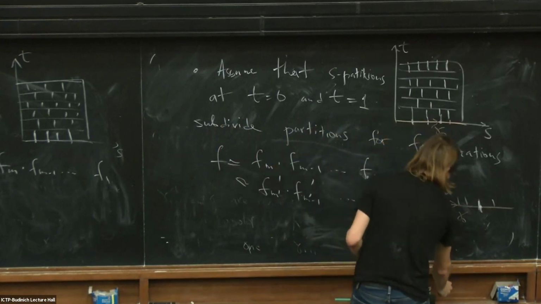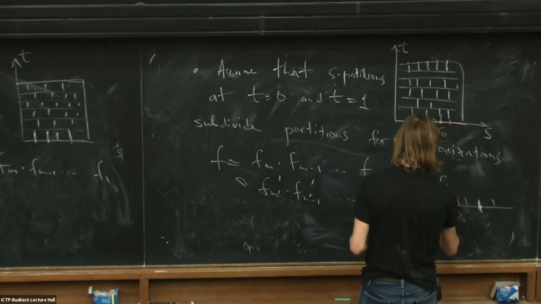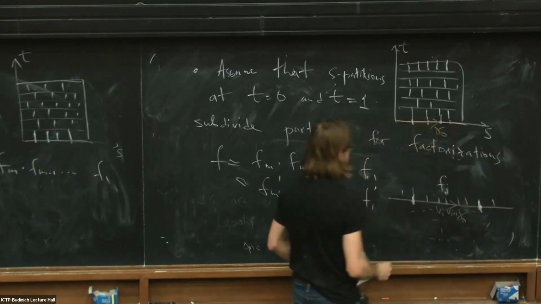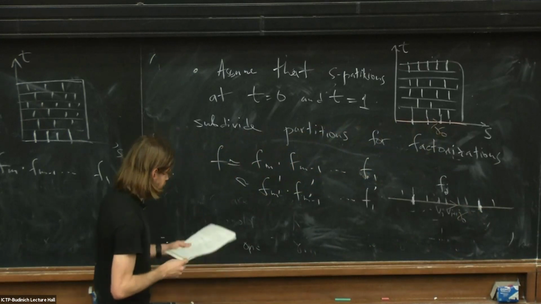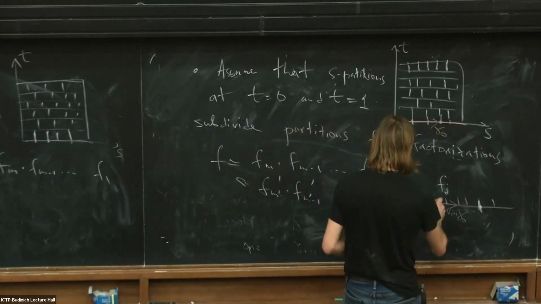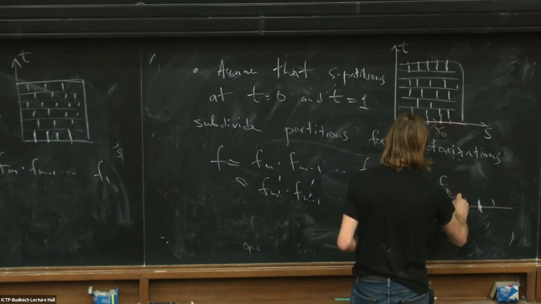So here, somewhere in between, we have I and I plus 1, and respectively this will be some Rj, Rj plus 1.